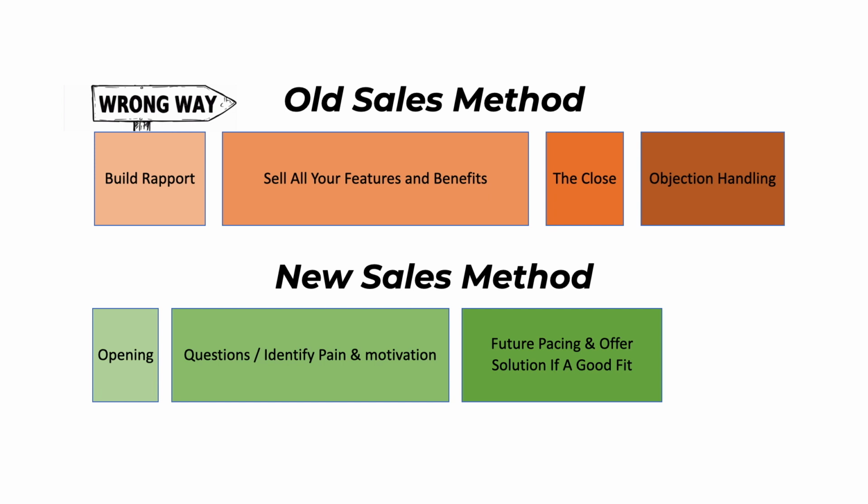You offer a solution if it's a good fit, and genuinely only offer an opportunity to enroll with you if it is a good fit. And they will be asking you how they can move forward. And that's it. You don't need any closing strategies. You don't need to overcome objections. If the offer that you are selling is a genuinely good offer that's going to help them solve their problem, then there's no reason why they wouldn't become a client, is there?